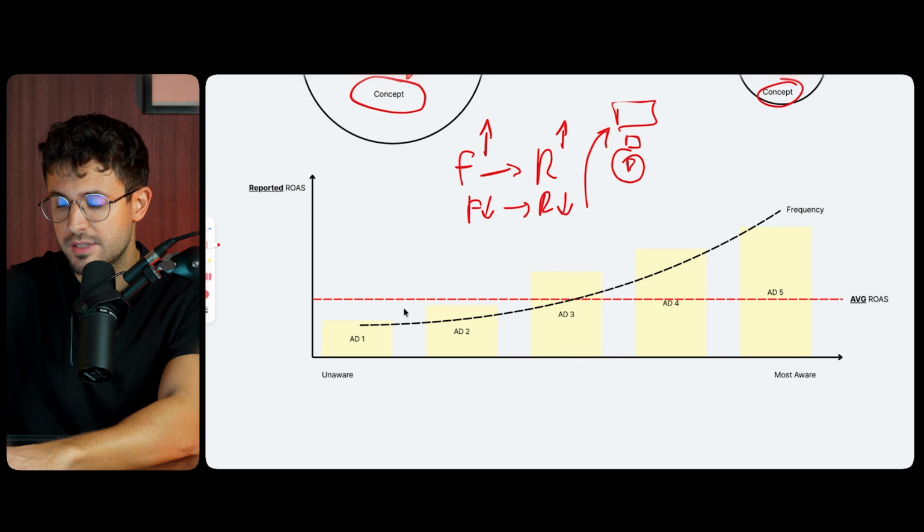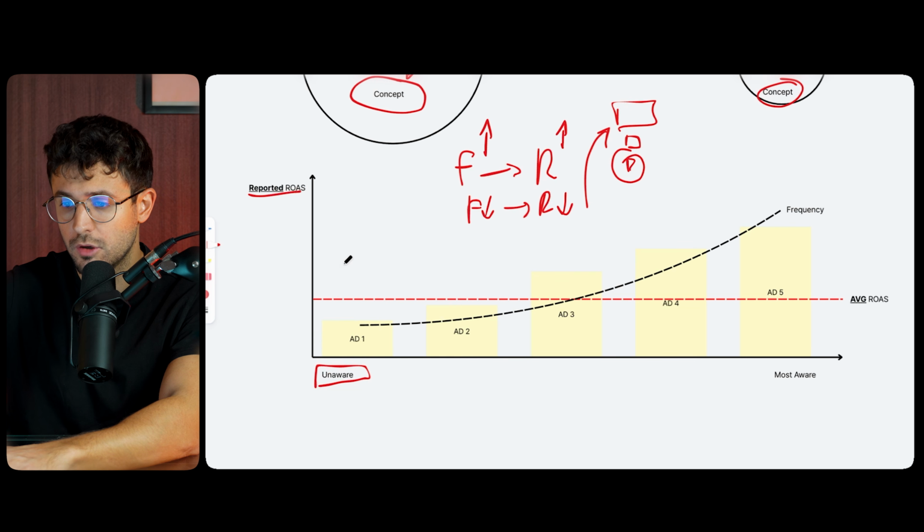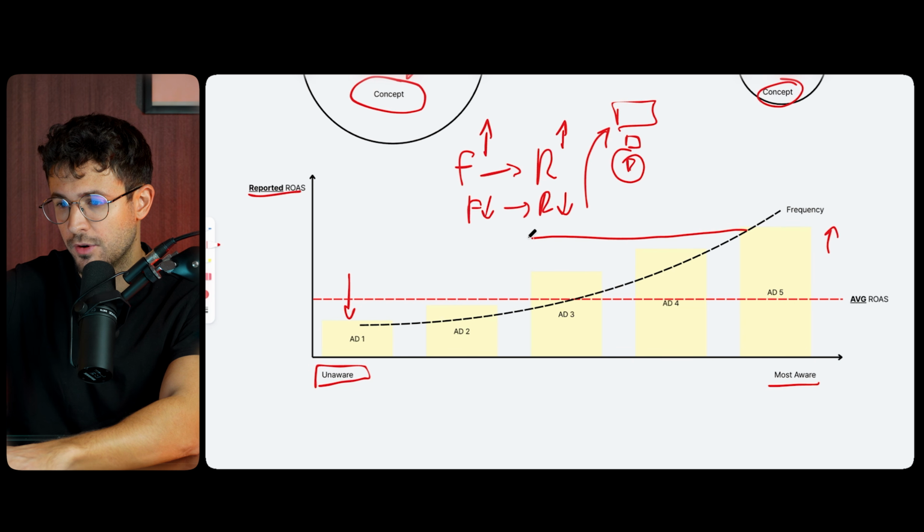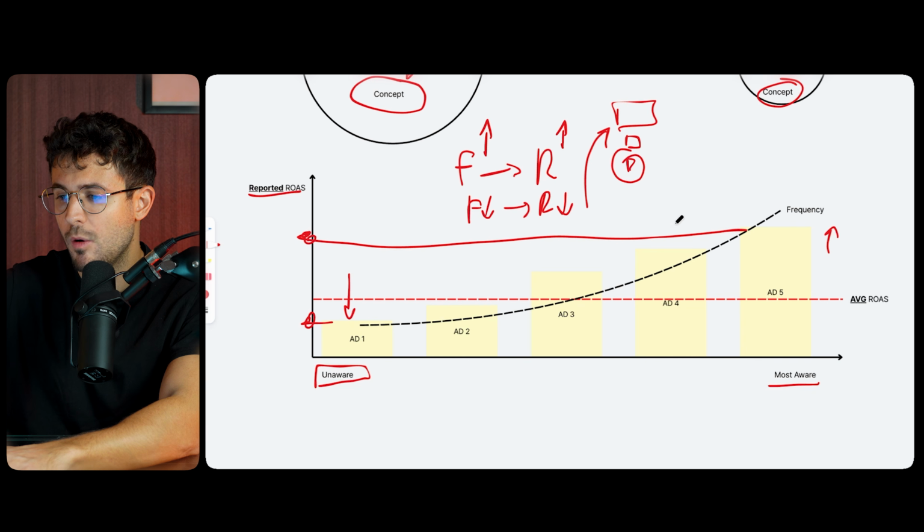So you will see that the most unaware ads will have a reported low ROAS here, and then you will see that your most aware ads will have a higher reported ROAS here, right? This is the reported ROAS for this ad compared to this one, okay? But now we need to understand that here the frequency is also higher, and here the frequency, as you can see, is lower, right?